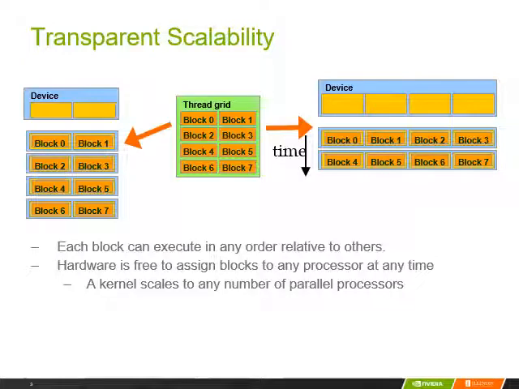Therefore, the hardware will be executing more thread blocks simultaneously and take less time to execute the thread blocks. So this way, the kernel can automatically benefit from increasing hardware devices, let's say, in each generation of GPU.